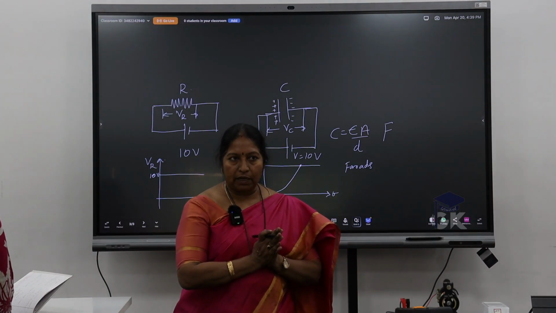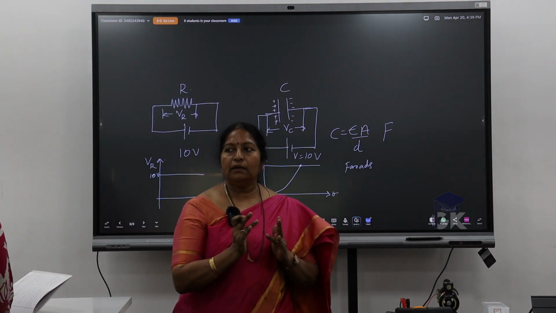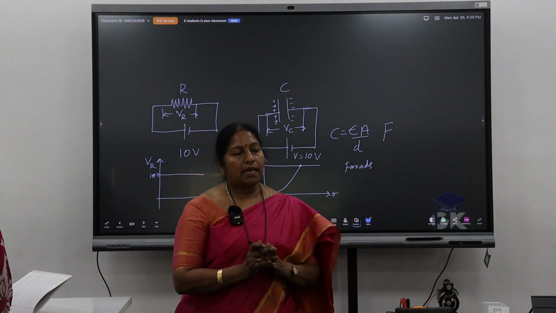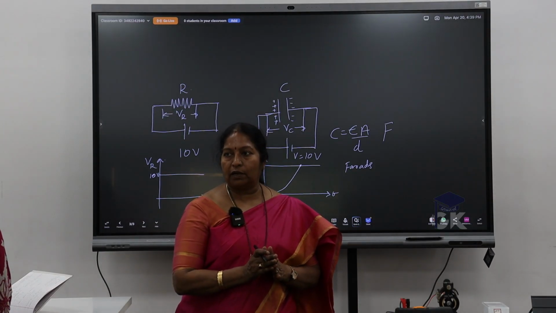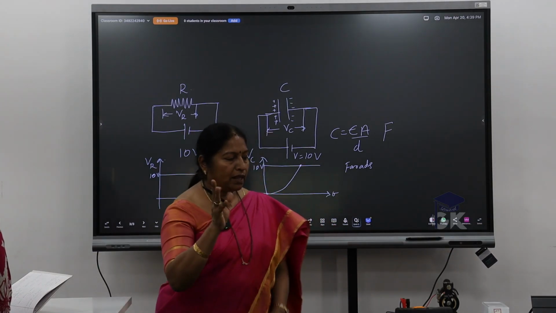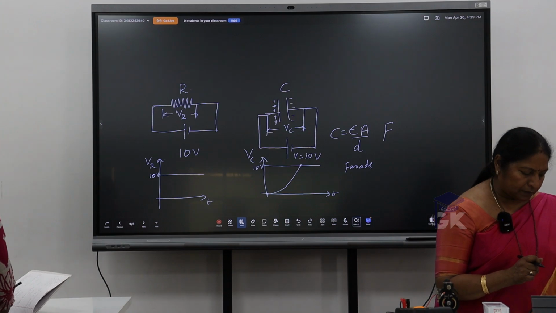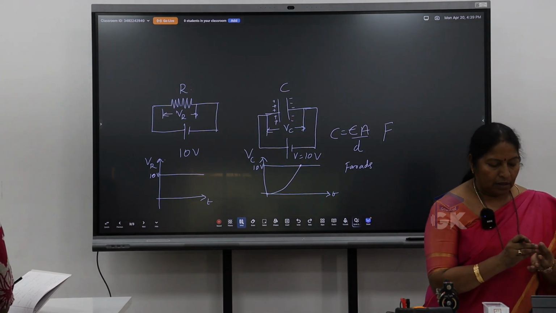As the distance between the conducting plates keeps on increasing, capacitance keeps on decreasing. As the distance between the two conducting plates decreases, capacitance keeps on increasing. So you can observe this in a ceramic capacitor. We have different types of capacitors, I'll go through that.